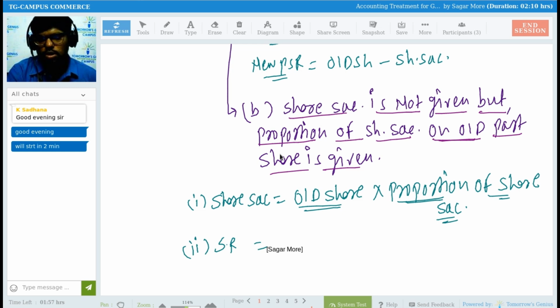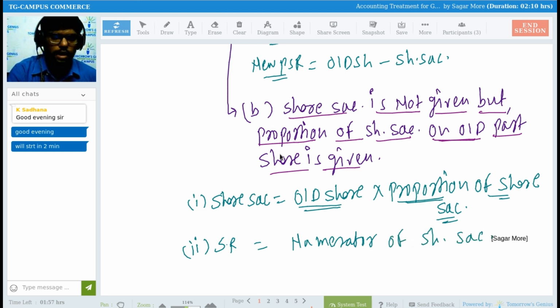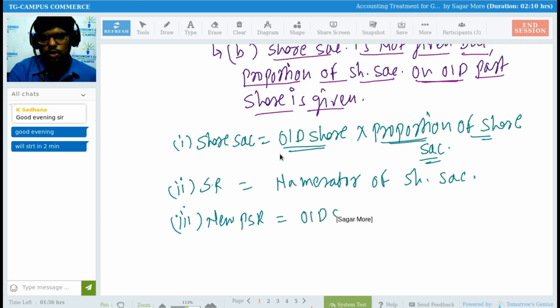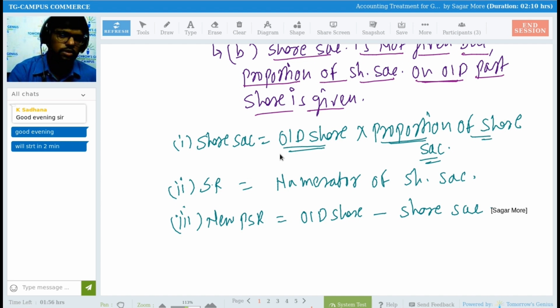So sacrifice ratio is equal to numerator of share sacrifice, right? And once you know these, you can put the formula for calculation of new PSR. So new profit sharing ratio is equal to old share minus share sacrifice.